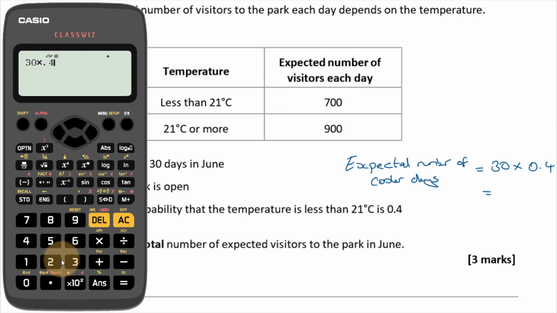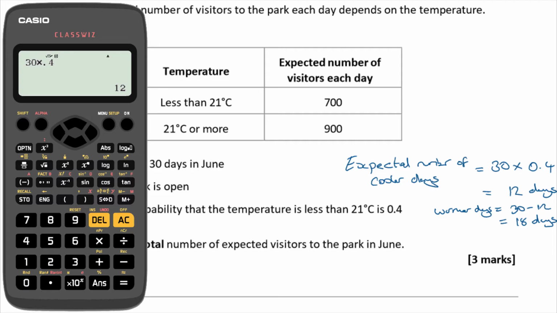We're expecting 12 cooler days, and therefore on the rest of the days, the warmer days, it's going to be 30 minus the 12 cooler ones, which is 18 days. So we're expecting 12 cooler days and 18 warmer days.